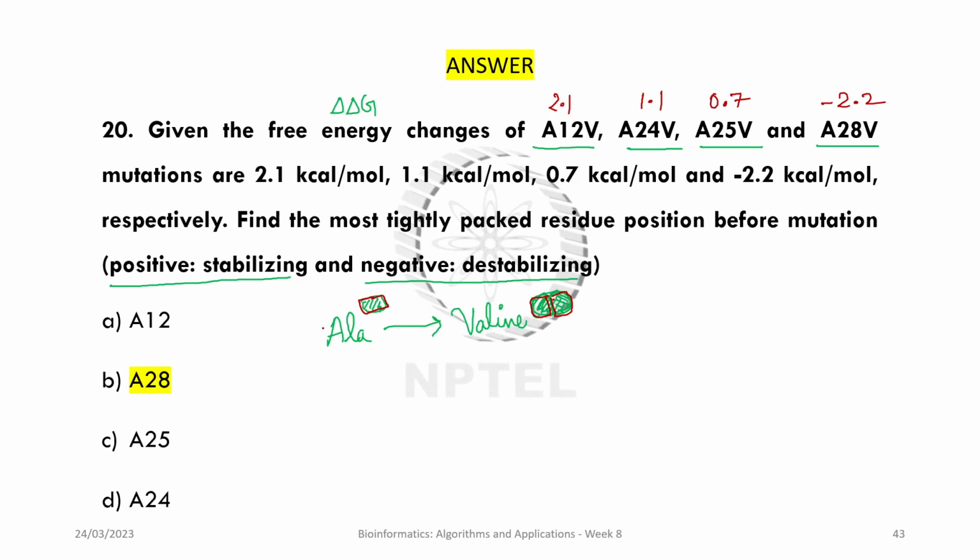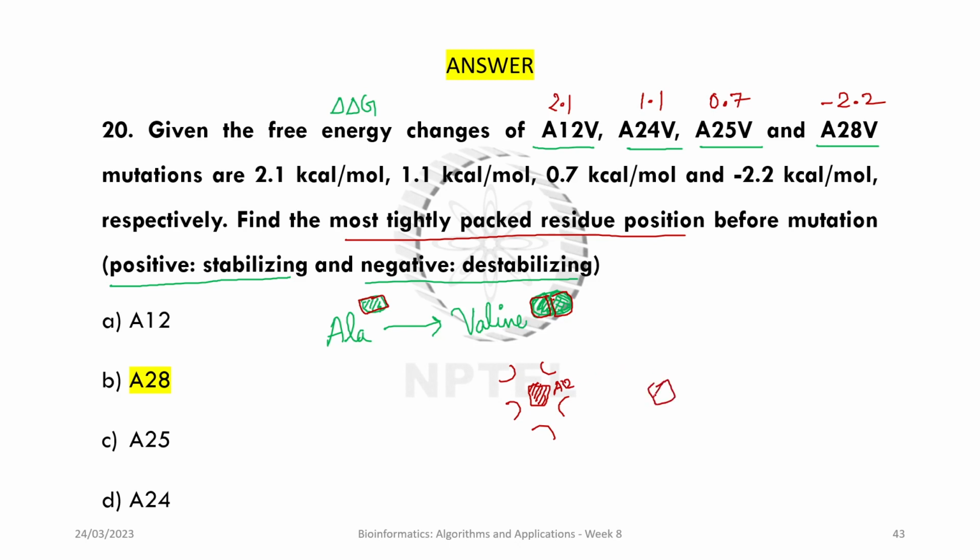So what is happening when alanine is replaced with valine? There is a free energy change of so and so kilocalories per mole. Find the most tightly packed residue position before mutation. What does that mean? Before, there might be multiple amino acids present, and here is your alanine 12.